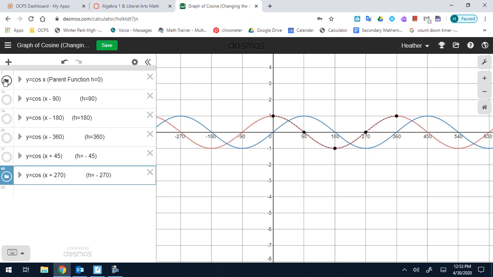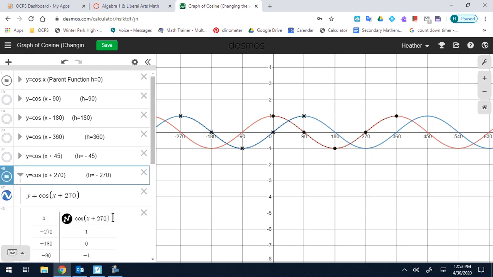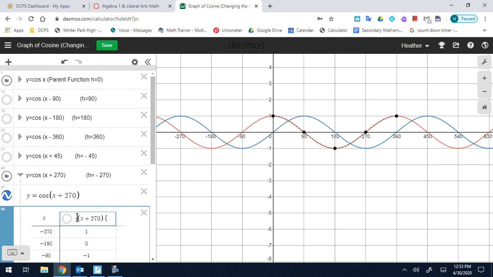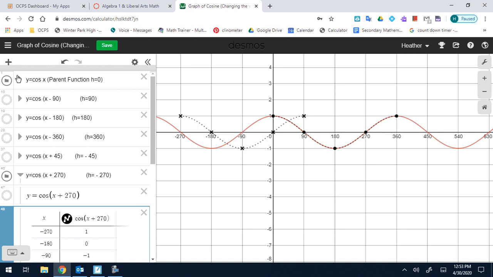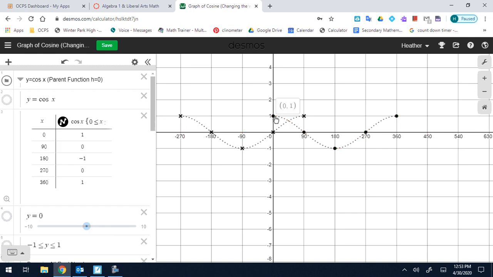All right, so taking a look at this one, did I restrict my domain? I did not. Oh yeah, I did. Okay, I restricted my domain. So let's turn this off. Let's turn that off. And let's turn this off. So I'm going to the left 270 degrees. Okay, so that's all that's happening there.